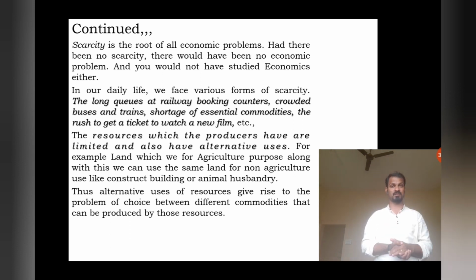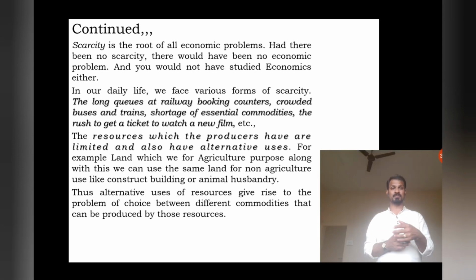If we take the first, the long queues at railway booking counters, here we have limited railway facility, not as much as we want or desire. It is like crowded buses and trains: the number of buses and trains is limited, not as much as individuals or society needs.